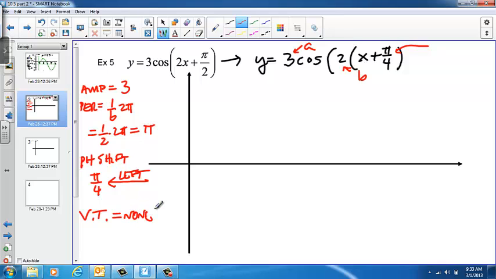There is no vertical translation. Okay, here we go. So first of all, since our amplitude is 3, we're going to go as high up as 3 and as far down as −3. Our new origin, if you will, is −π/4.